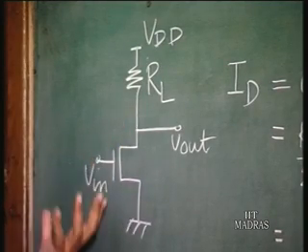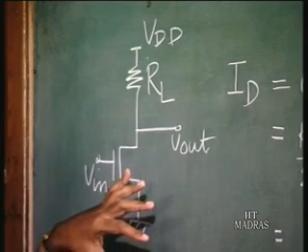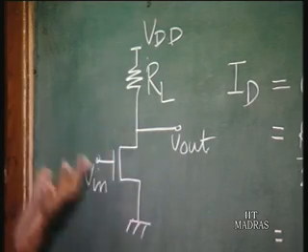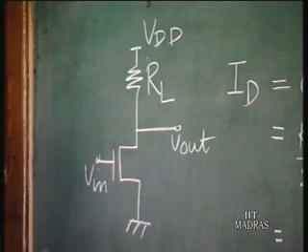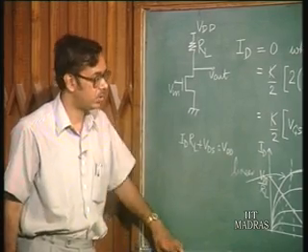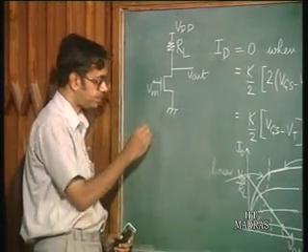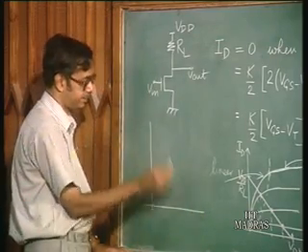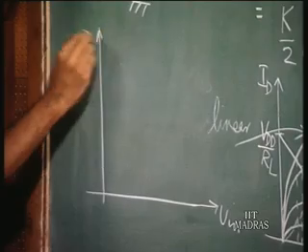So, as the drain to source voltage reduces, the output voltage falls, that is when the input voltage increases, the output voltage falls, which is what you expect in an inverter. So, if you just plot the exact input output characteristics, V in, V out.